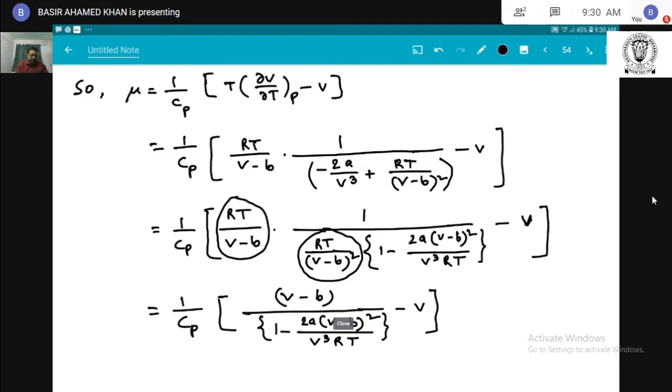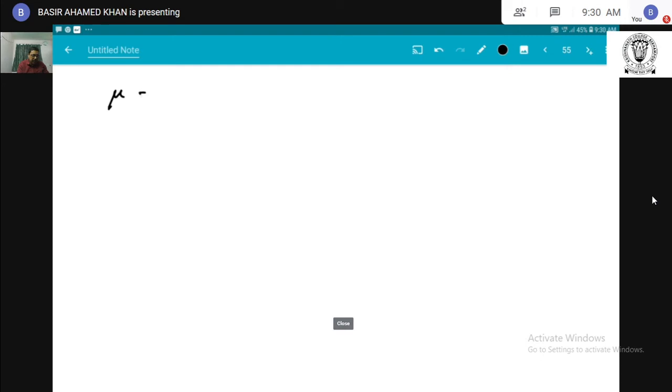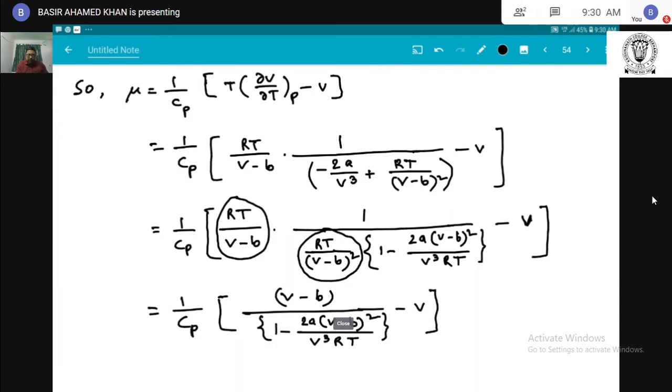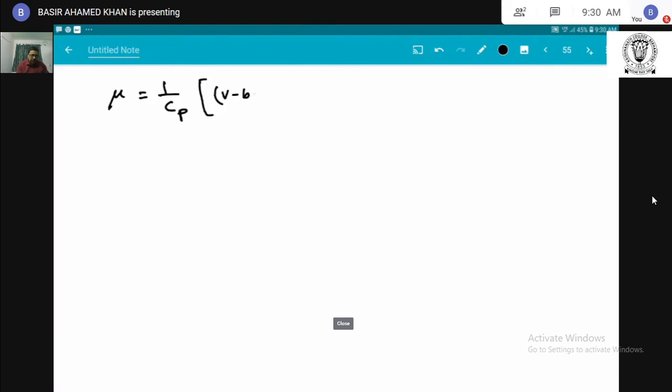or it will become mu equal to 1/Cp [(V − b) into (V − b) within bracket (1 − 2a(V − b)²/(V³RT)) to the power minus 1 − V]. Now I expand in binomial form.